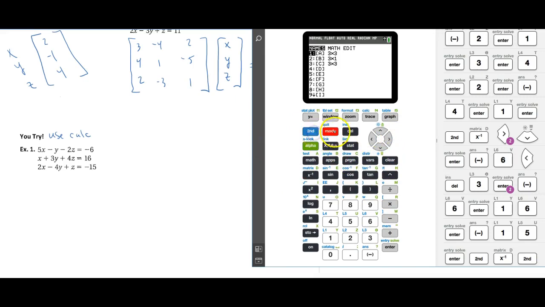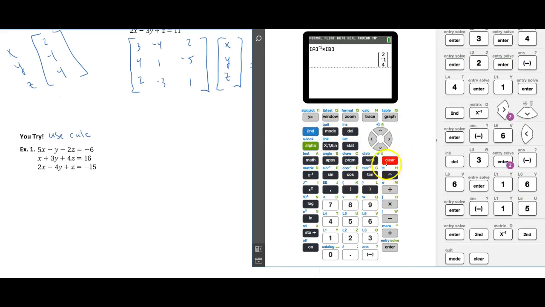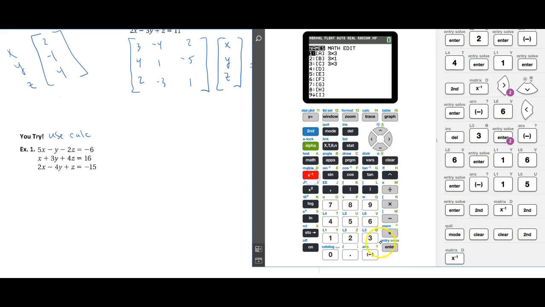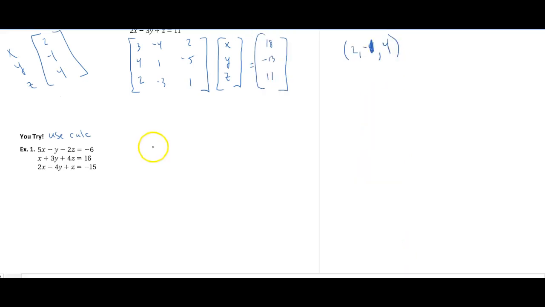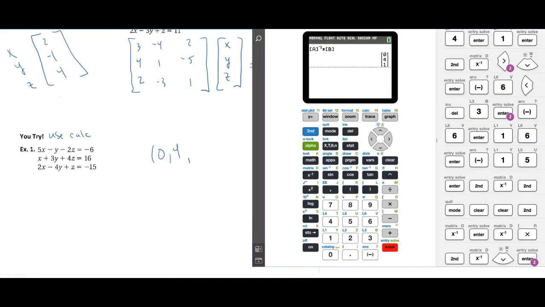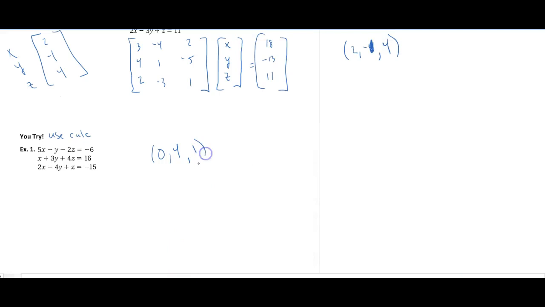So when you go second matrix A inverse times second matrix B, when you get your answer, you get 0, 4, and 1. And that would be your solution.